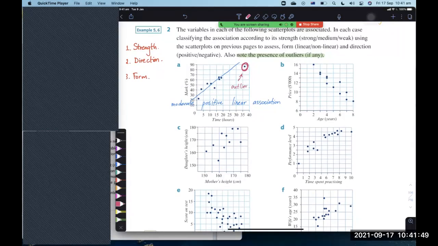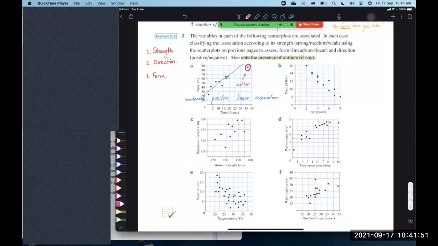I want you to give part B, part C, D, and E and F a go. We will probably go through exercise 7D after the holidays. Although I will recommend you to perhaps have a read over the chapter and try a few questions as well.